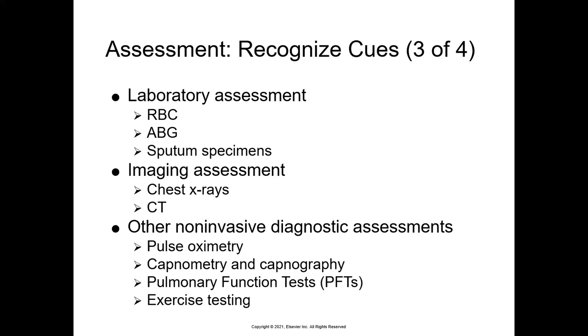So, imaging is going to be looking at chest x-rays or CAT scans. There's other non-invasive ways such as pulmonary oximetry. So, pulmonary oximetry, remember, treat your patient, not the monitor. In situations such as carbon monoxide poisoning, your pulse oximetry can be completely normal.